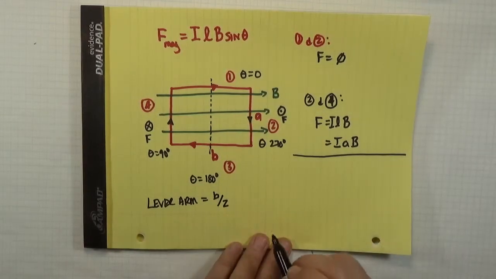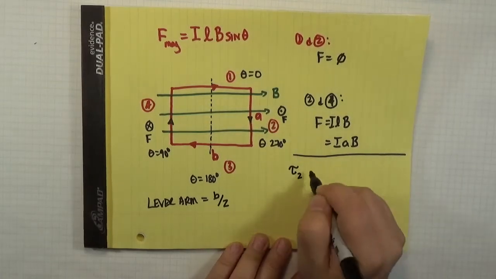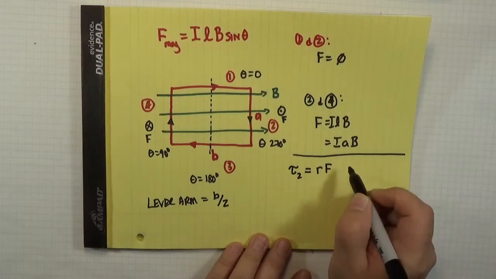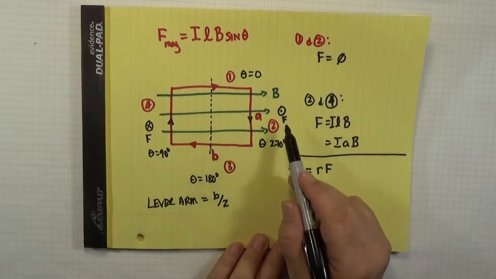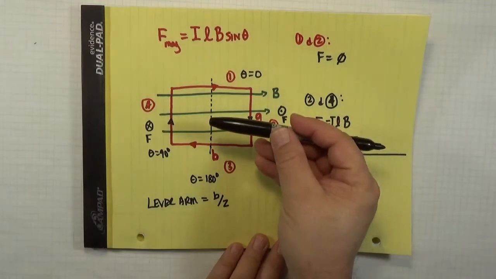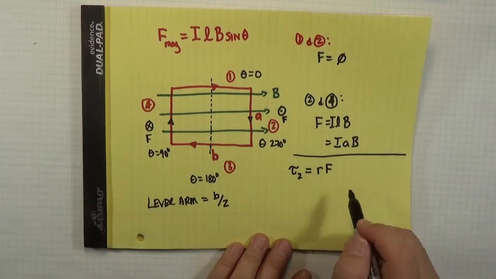So, if I take that lever arm, the torque on side 2 is equal to RF times the sine of the angle between the lever arm and the force. Well, the force is pointing straight up and the lever arm is pointing straight out, so the sine of that angle is 90 degrees, so I'm not going to list it.